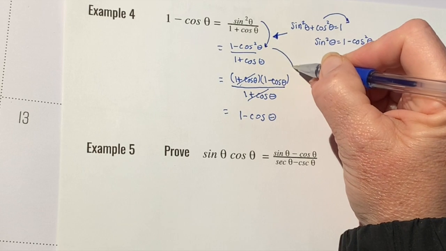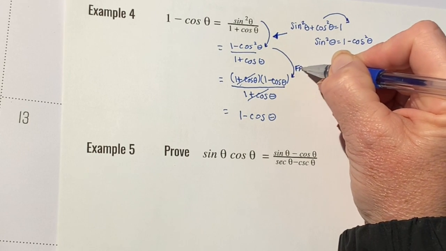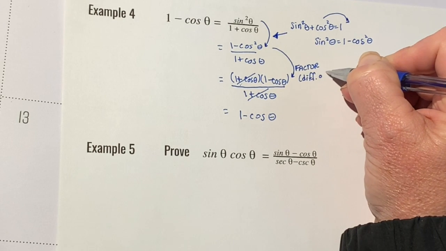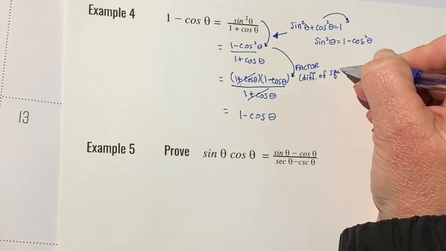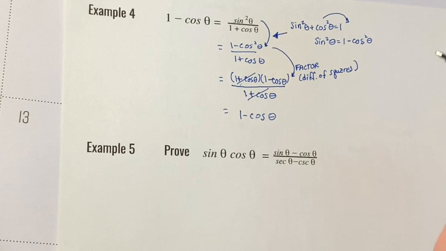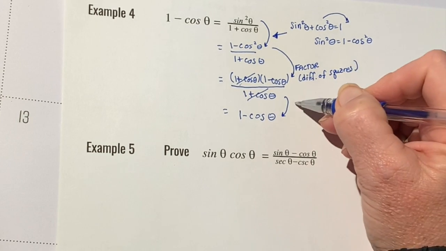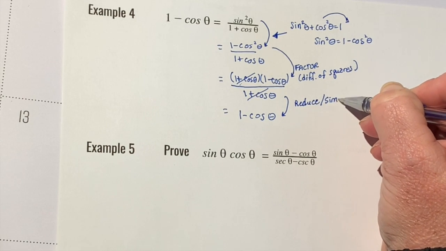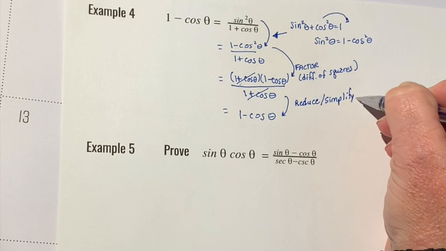From here to here, all I did was factor, a difference of two perfect squares. From here to here, all I did was reduce, dividing out the common factor.